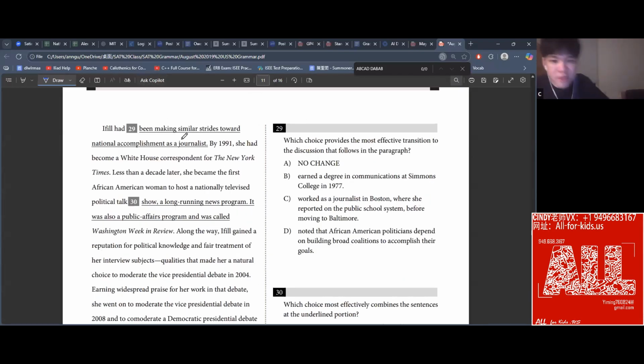What choice provides the most effective transition for the discussion that follows? Basically, this is saying that she had become a White House correspondent. A decade later, she became the first African-American woman to host a national television talk show. So we want an effective transition to the idea that follows in the paragraph: she was making a lot of progress as a journalist, right?